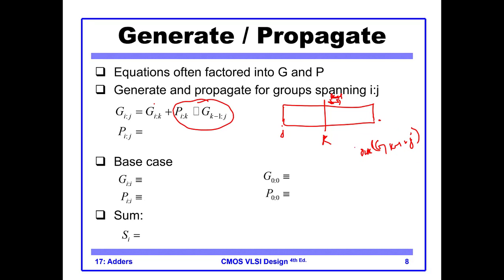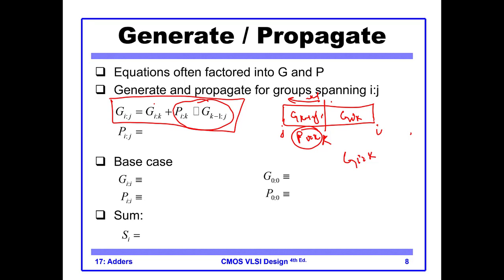Sorry, let me draw it again. So this is position I. So G of I to K, if this is 1, or if K minus 1 up to J, this is G of K minus 1 up to J, and P of I to K, so if the propagate is 1, then the G is 1.